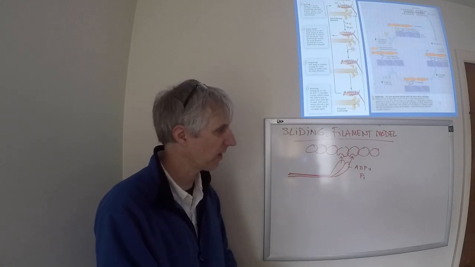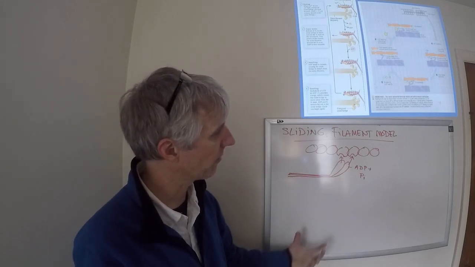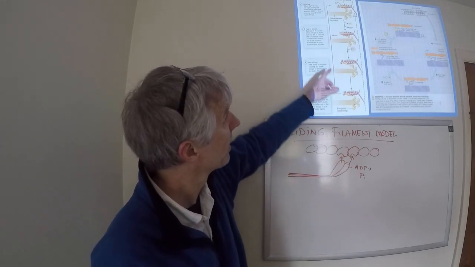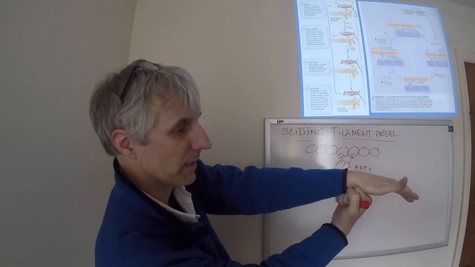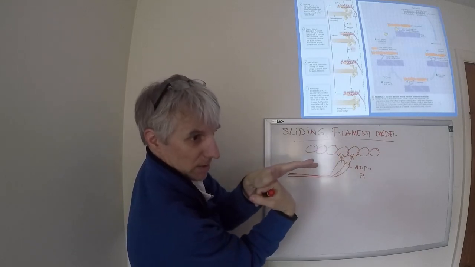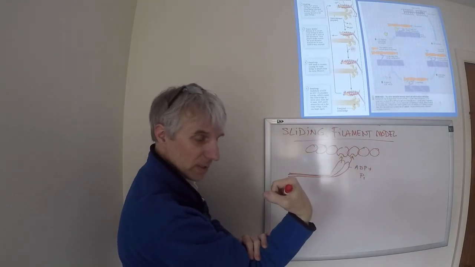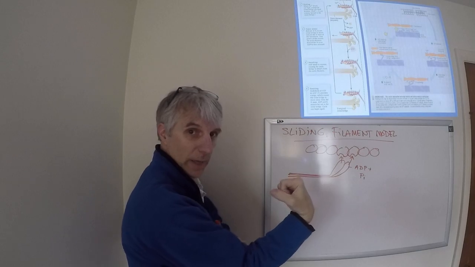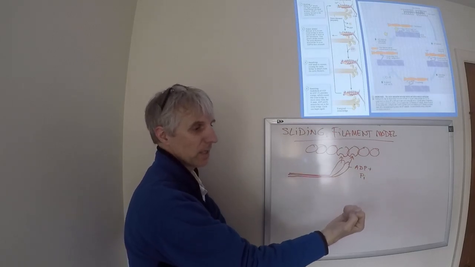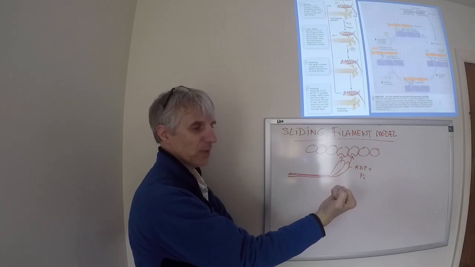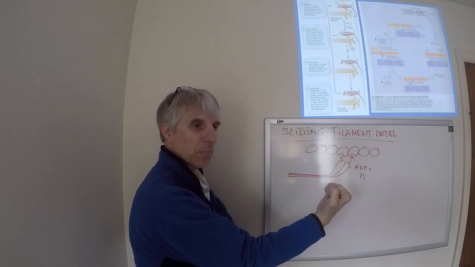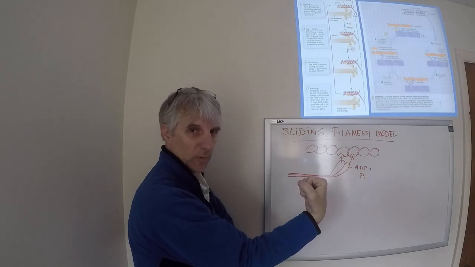Now that inorganic phosphate group is falling off of the molecule, and when it falls off, it causes the cross bridge to do this. It kind of pulls this way. This is low energy, this is high energy. We bound the myosin head in a high energy conformation, and now it's going back to its low energy conformation.